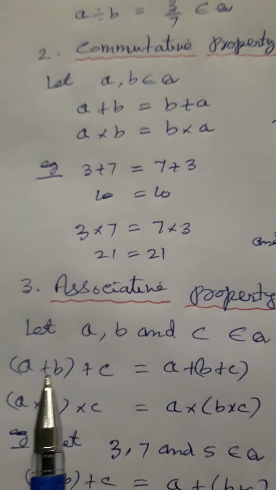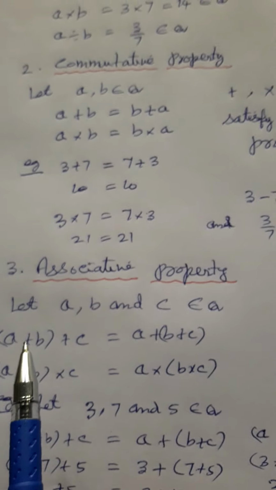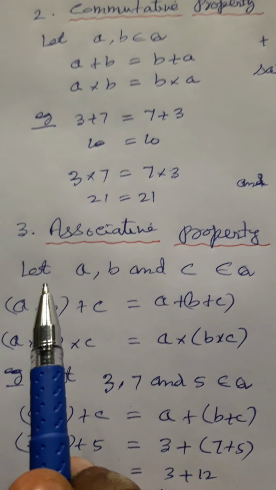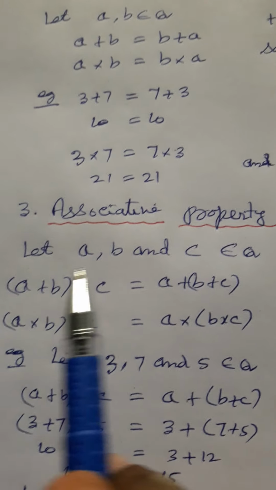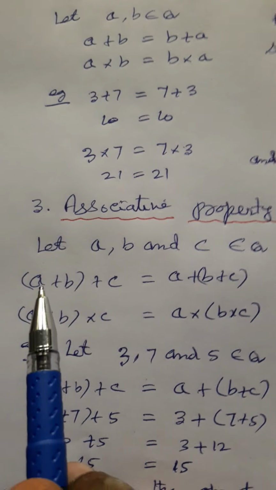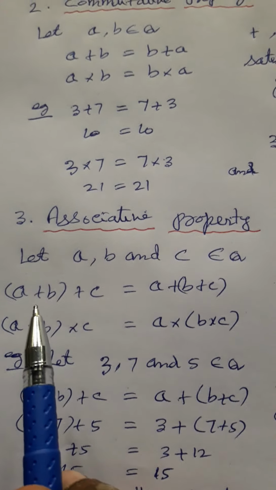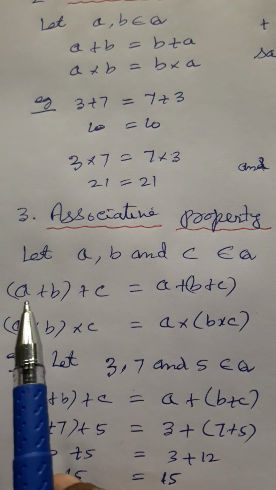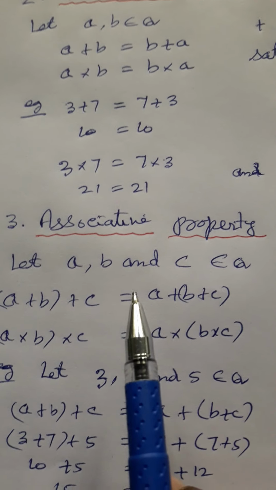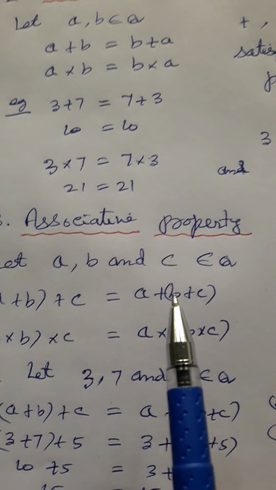Third one is associative property. In the associative property, we take three numbers a comma b and c, that a comma b and c belong to Q, rational numbers. The associative property is, within brackets, (a plus b) plus c equal to a plus (b plus c).